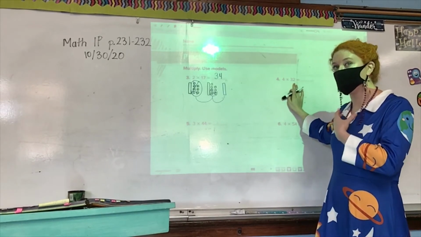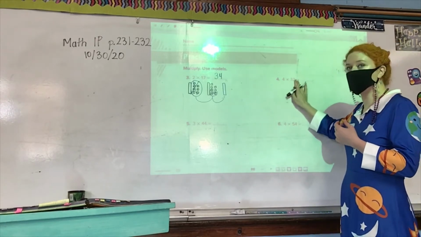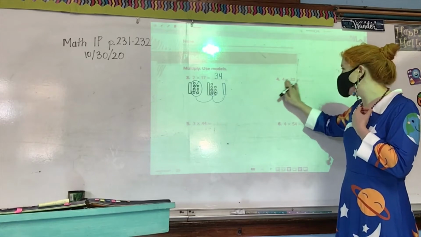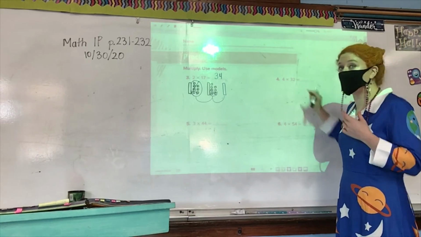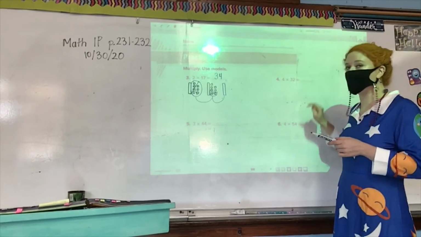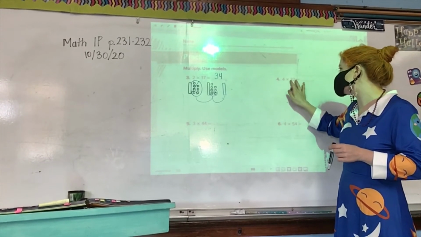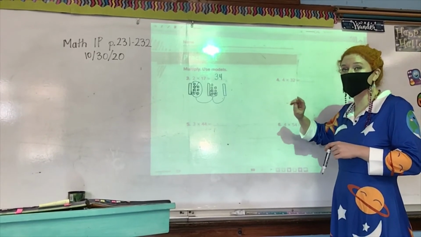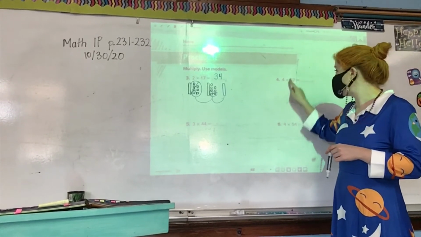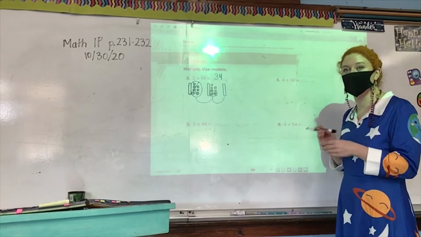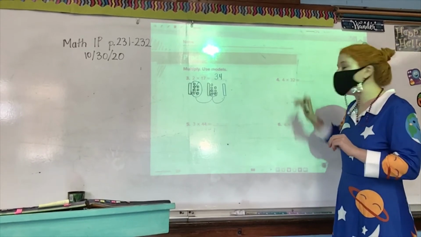Is 4 greater than my other factor? What's my greater factor? Is it 4 or 32? Remember, digits are not factors. Digits are each individual piece. We have the digit 4, the digit 3, and the digit 2. But we're not worried about the digits. We're worried about the greater factor. That's the whole part. We have 4 and we have 32. Which one is greater, Ethan? 32. So we have to model that one.